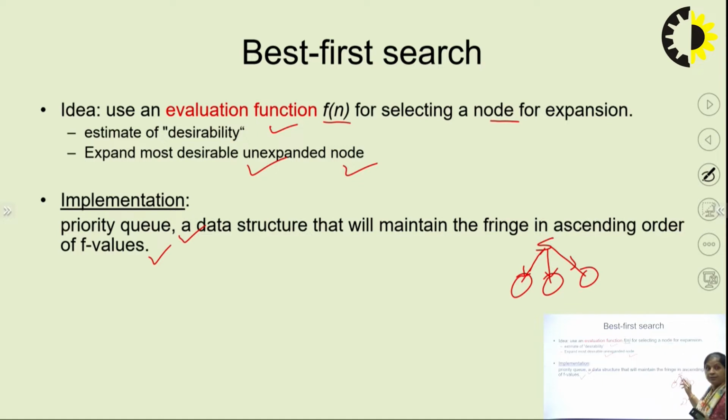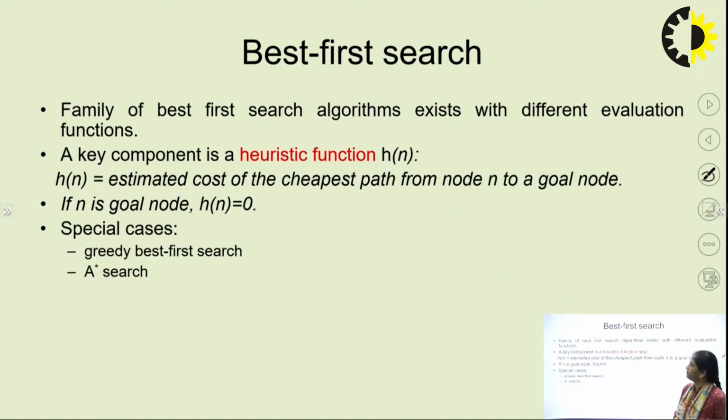Each of the neighboring states will have an f value associated, f1, f2 and f3. This is the desirability of this state, f1, the desirability of this state. So we will expand the most desirable one. This is the idea for best first search.